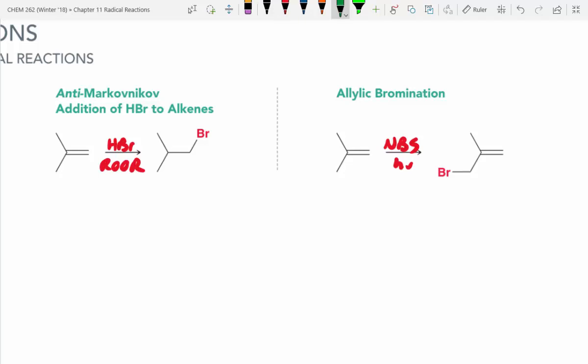And it's important to remember that an allylic position is 1 carbon away from your alkene. So really that bromine could be installed on the top or the bottom. In this case, it doesn't matter because it'll give you the same product. And then what do we have to watch out for with this reaction in particular? Resonance, right? With resonance, you can delocalize your radical intermediate, and you can actually have bromine get installed in different positions. So you do need to watch out for that resonance.